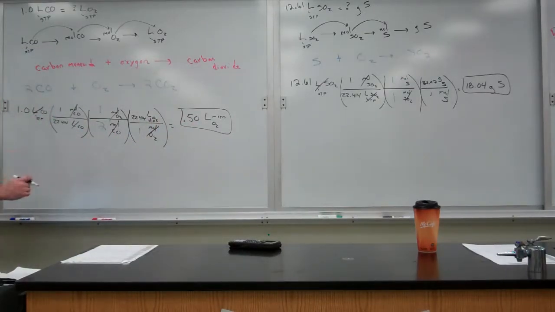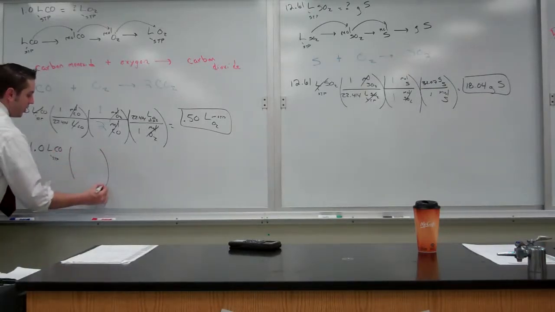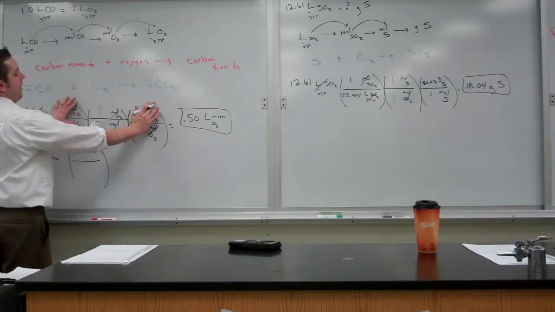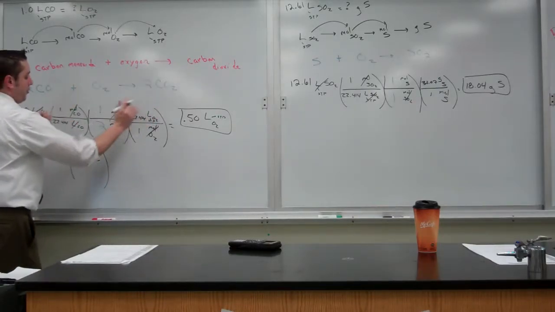We learned about a law at the beginning of a chapter that says we can treat gases the same way as we do liquids and solids, meaning use the mole-to-mole ratio. The difference is we can just call it liters and use the mole-to-mole ratio because the only part that mattered in that problem was the middle part.